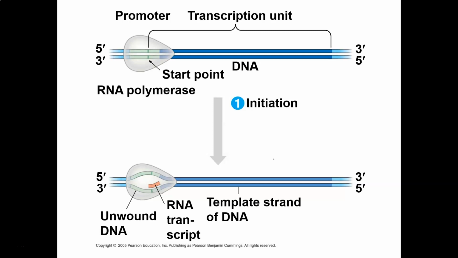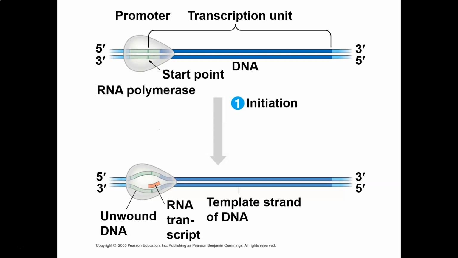So let's look at transcription in a little more detail. When you want to transcribe a gene, a piece of DNA that is serving as a code for a particular protein, if you want to make a messenger RNA from that DNA, you have to do something similar to what we saw in DNA replication.